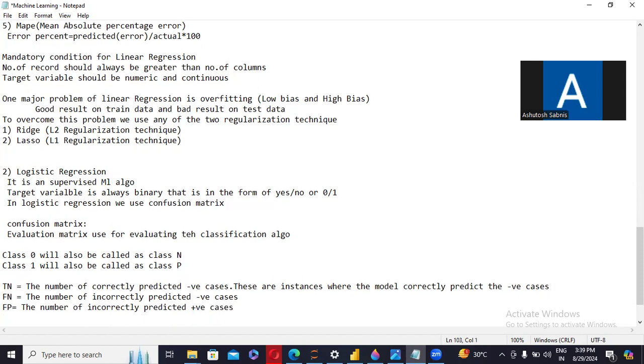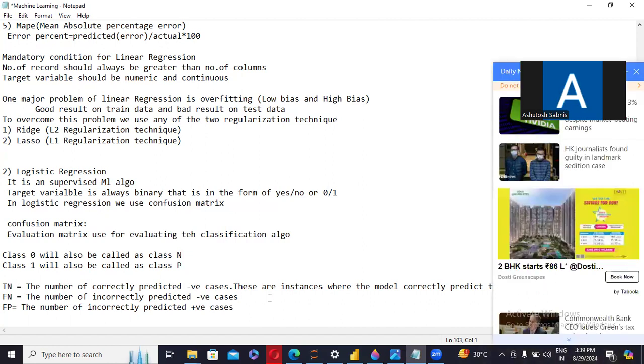By the term, you can understand what its meaning is. So true negative: true means it will be true, and negative, the number of correctly predicted negative cases. False negative: false means something is false, so the number of incorrectly predicted negative cases. False positive: something is false, the number of incorrectly predicted positive cases.